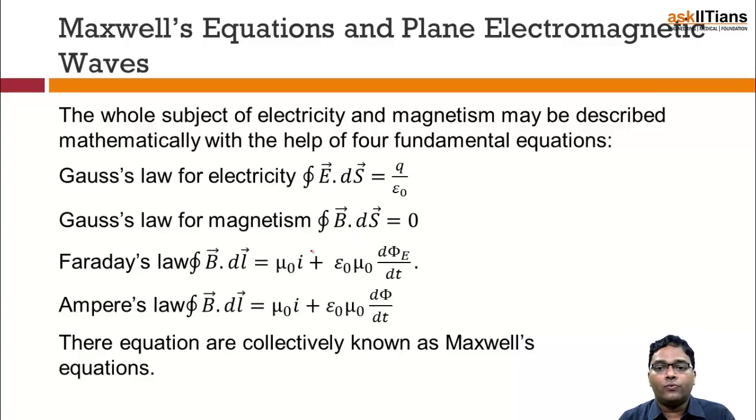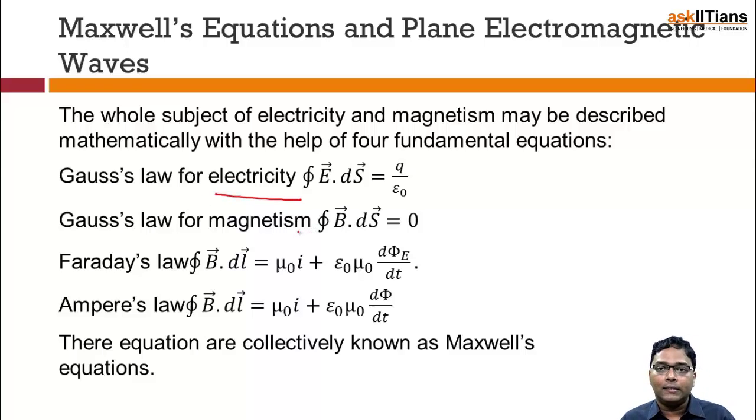So let's go further and try to identify them. When we talk about electricity and magnetism, all of that can be combined together to form electromagnetic waves. The first equation that we know is Gauss's law.